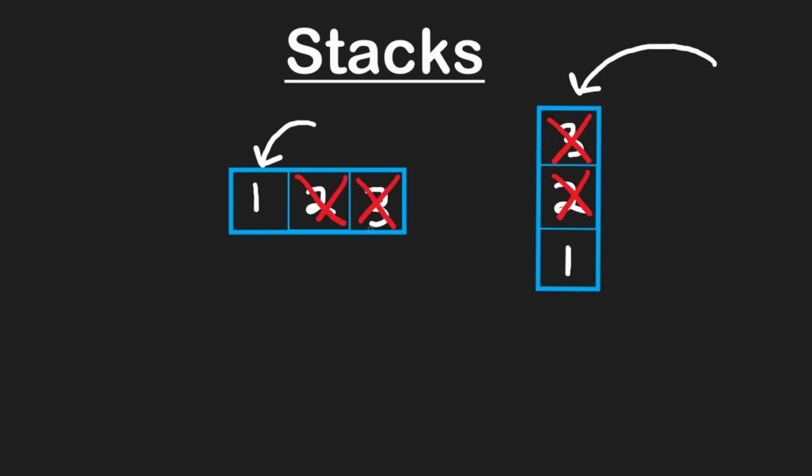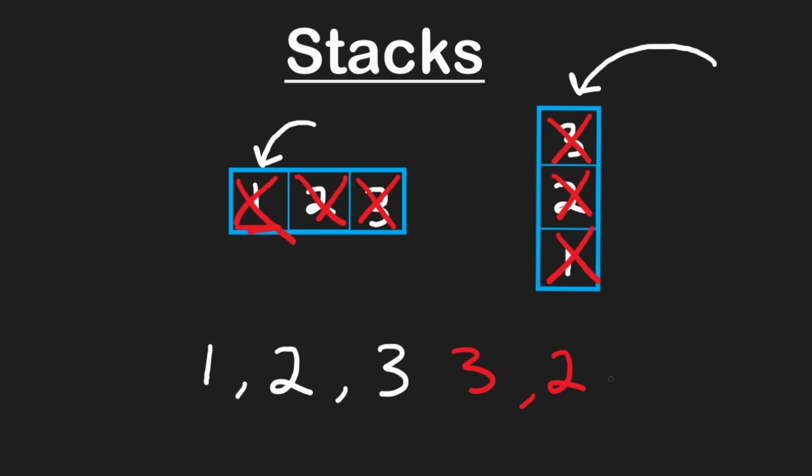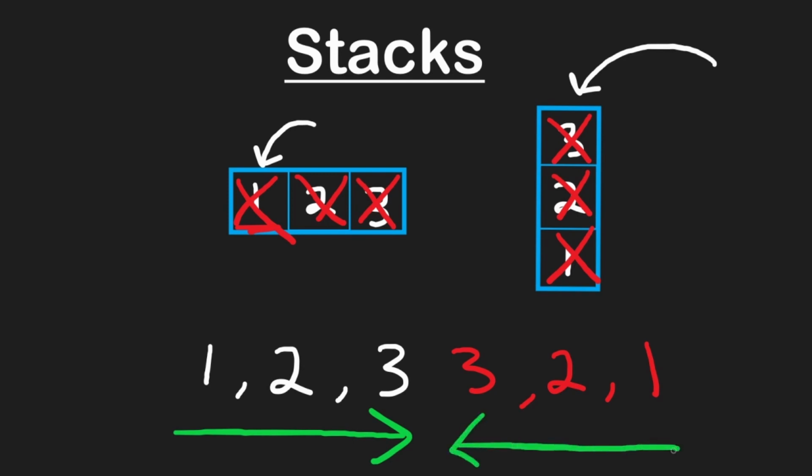Notice something about the way the elements are being inserted and removed. Remember, we first pushed a 1, and then we pushed a 2, and then we pushed a 3, and then we popped a 3, and then we popped a 2, and now we can pop one more element from our stack, which is the 1. So notice how the order that the elements were inserted in is the reverse of the order that the elements are removed in.